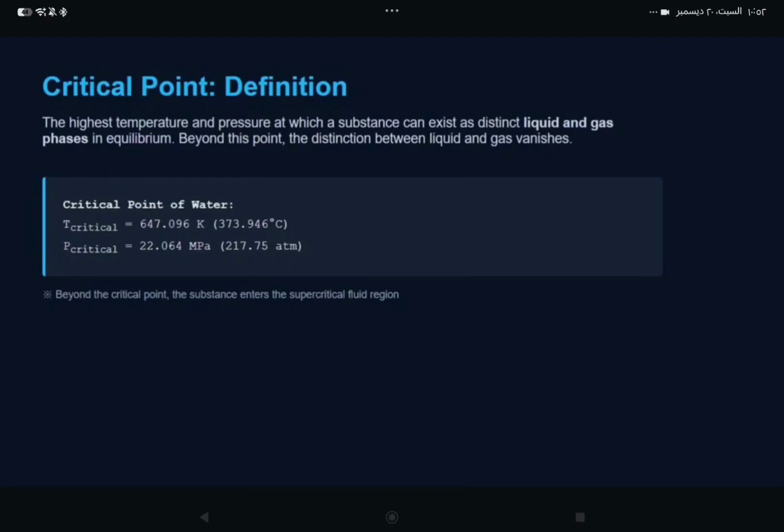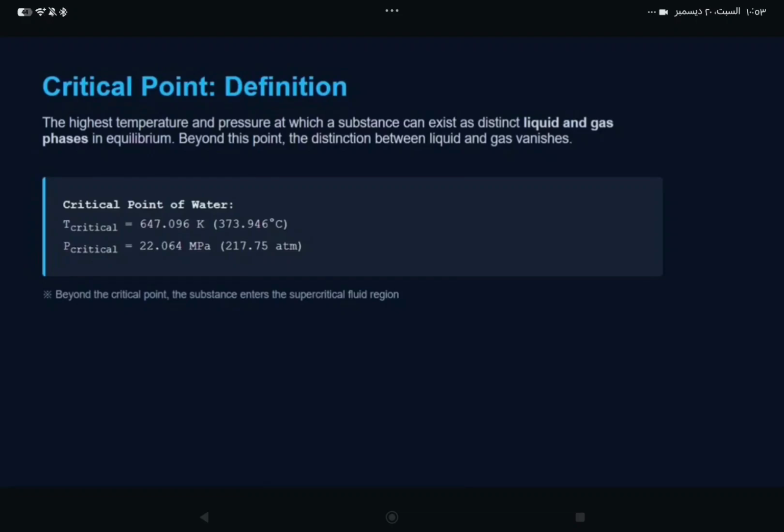The critical point definition: the highest temperature and pressure at which a substance can exist as a distinct liquid and gas phase in equilibrium. Beyond this point, the distinction between liquid and gas vanishes.